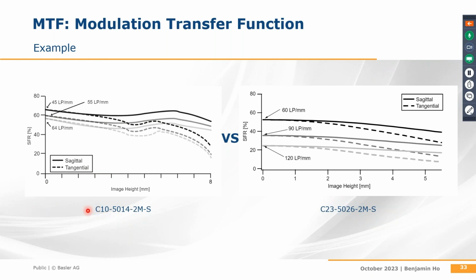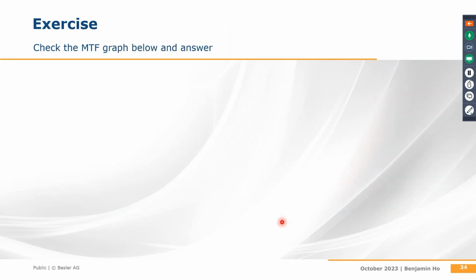Besides that, if the pixel size is large enough, you may not need the lens with the higher MTF on the right. Therefore, lens resolution does not determine everything. Choosing the right lens based on the situation is more crucial. And for this, the ability to check the MTF graph is essential. We will provide another example in the next slide.